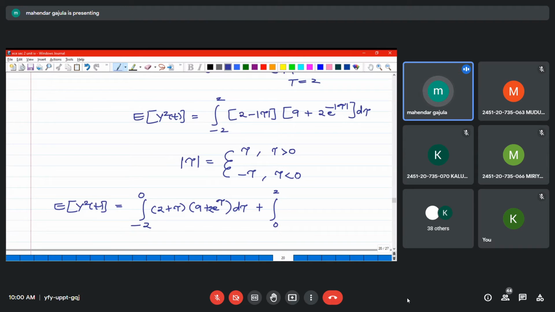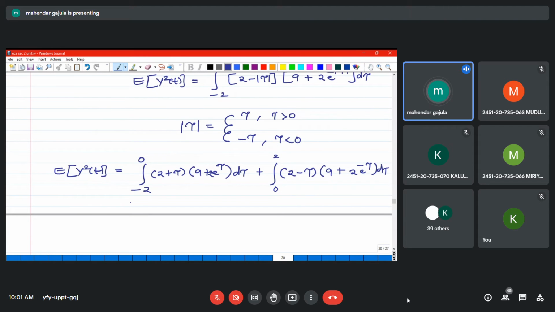For tau greater than 0, it is just tau, so (2 minus tau) times (9 plus 2 times e power minus tau) d tau. I am leaving this integration to you. You have to get 40.542.